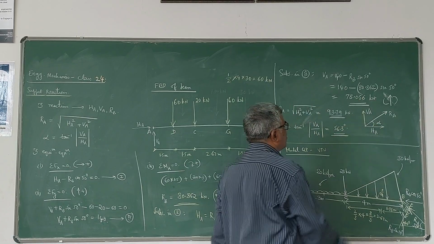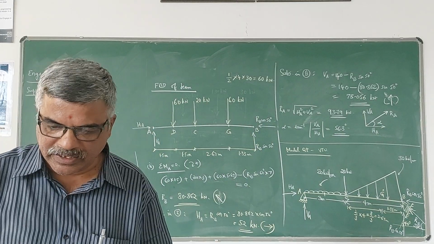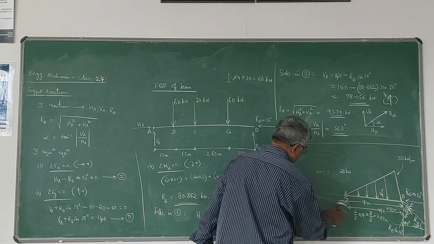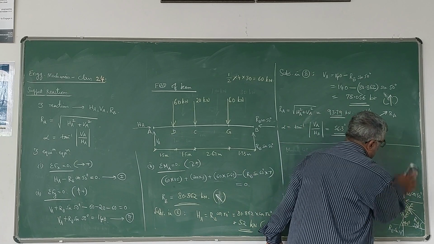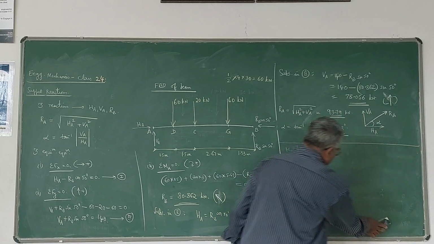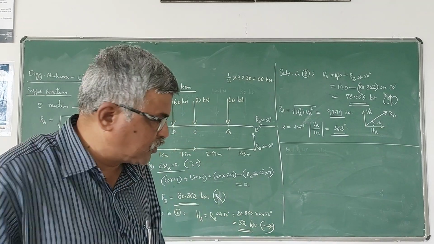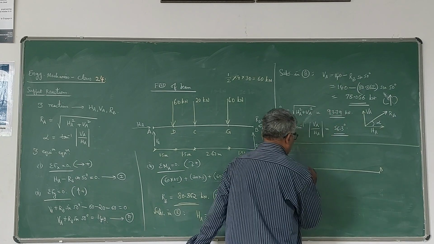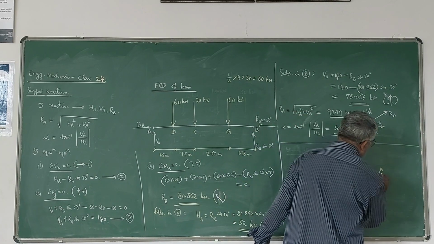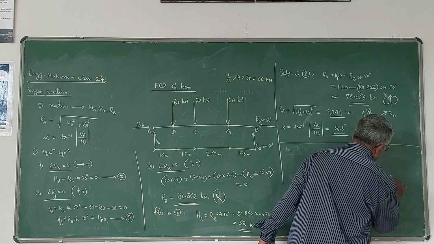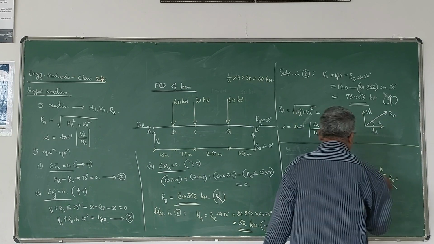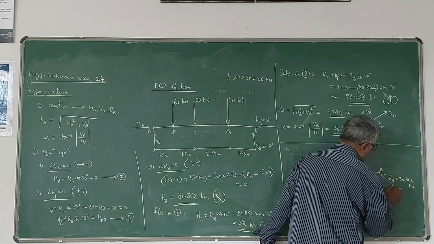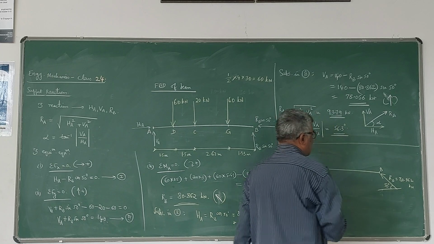This is the angle. So this is how you are going to get the reactions. Once you get the reactions, you can always show them in the diagram. Finally, I am going to show only the reactions here. So AB is the beam. At B you have RB equal to 80.862 kilonewton, taking an angle of 50 degrees with horizontal.